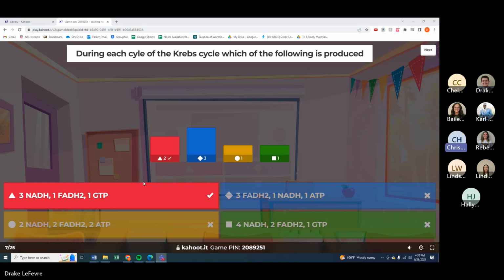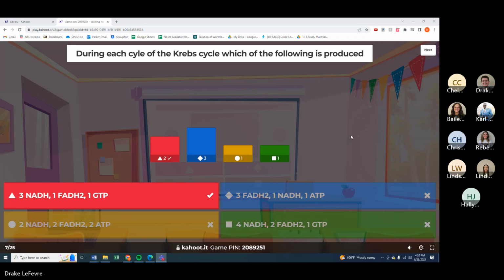Because anaerobic means no oxygen. Exactly. So if there's no oxygen at the end of glycolysis, the goal of glycolysis is to make pyruvate. And glycolysis will make pyruvate as long as there is oxygen present in an aerobic environment. But as soon as the oxygen goes away and there's no more oxygen left, we're in an anaerobic environment. Instead of making pyruvate, what gets made in glycolysis? Lactic acid.